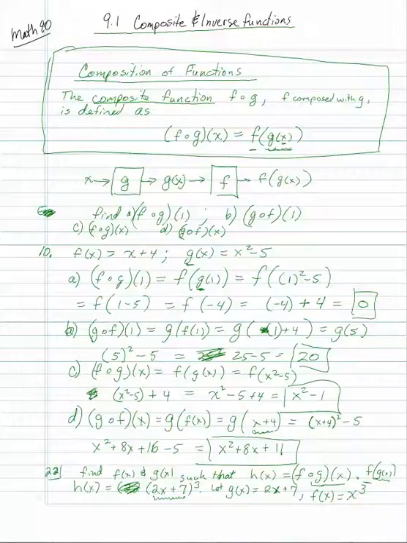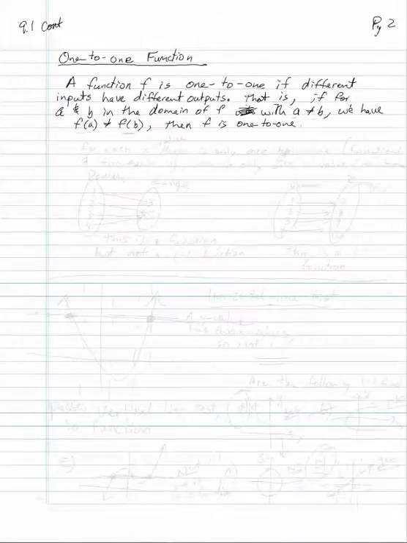Alright, so let's try the next technique. A function is one-to-one, a new term here, if different inputs have different outputs. That is, if for a and b in the domain of f with a not equal to b, so if you have two different input values, remember domain's input, then those input values give you different output values, y.